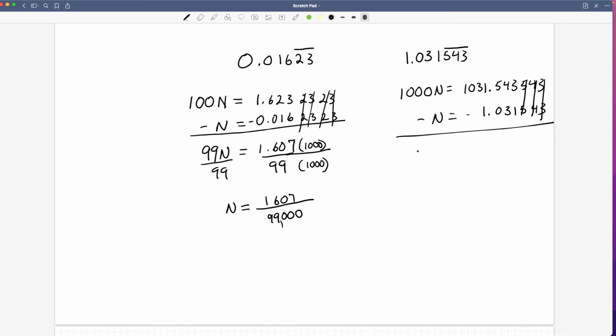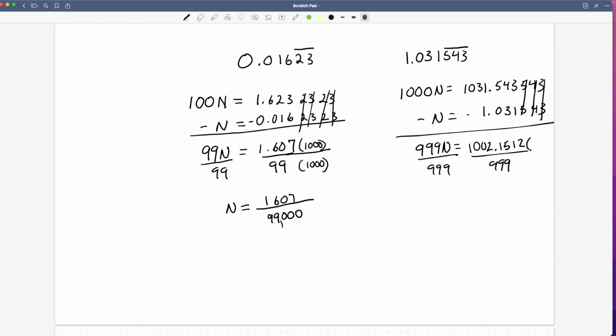So now when we subtract, we get 999n is equal to, and if we do the math, we get 1,002.1512.